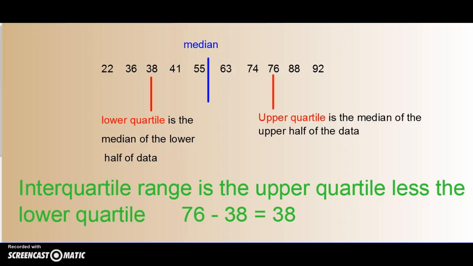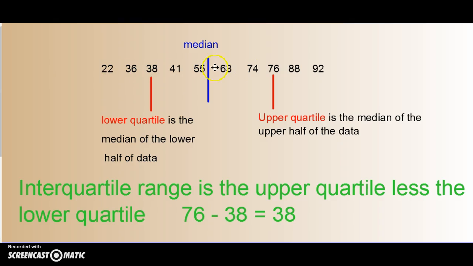So I just recopied it, and we would say that the interquartile range is the difference between the upper quartile and subtract the lower quartile. So here we would say the interquartile range is 76 minus 38, which happens to equal 38. That was kind of interesting. But when you're comparing and discussing data, it's sometimes more accurate to say what's the middle of the bottom half and the middle of the top half, because sometimes your highest value and your lowest value can be quite extreme.